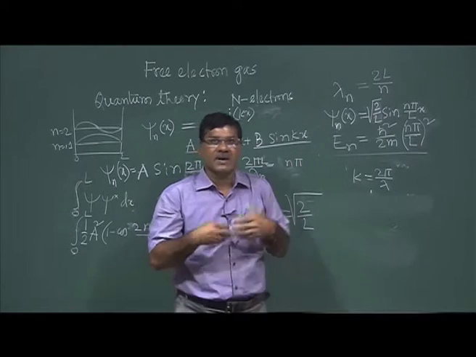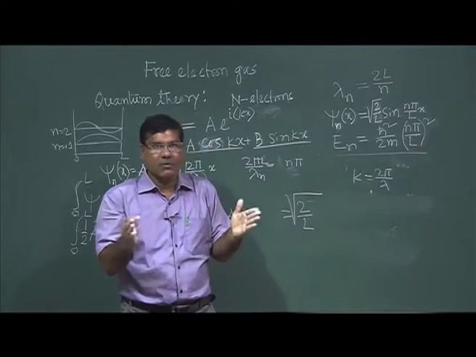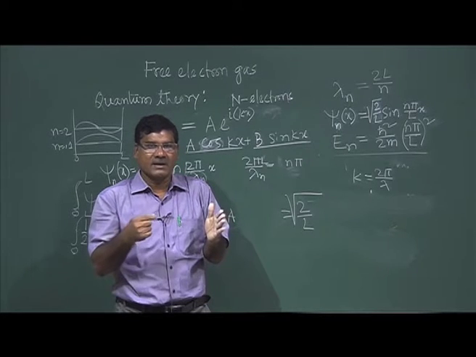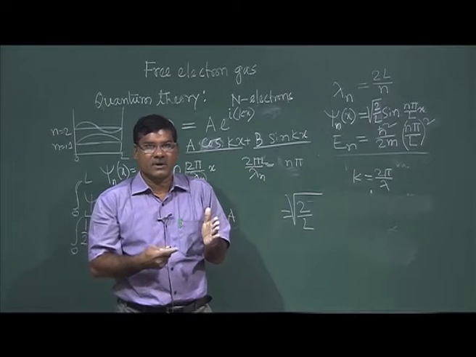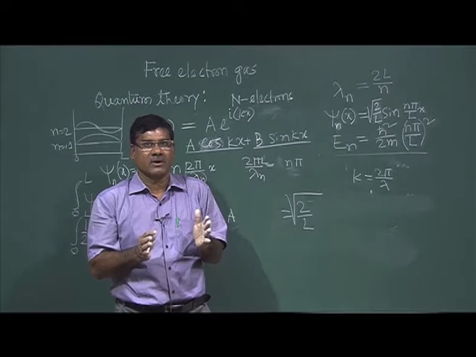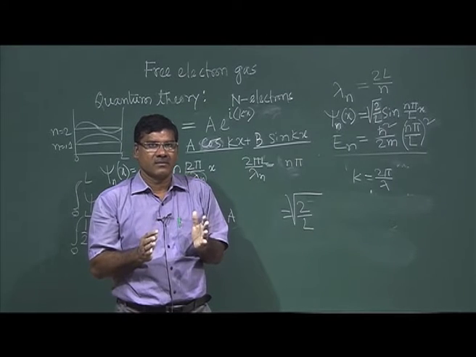So, electrons in a metal, if we consider one dimension, length is L. So, what is the state of electrons, what is the energy, what is the momentum, etcetera, one can find out if you know the wave function for your system.